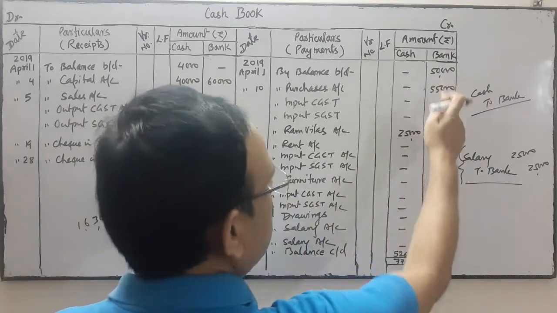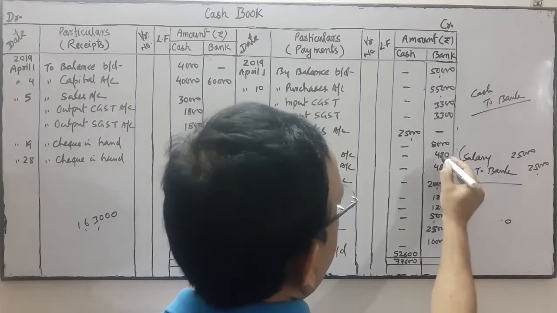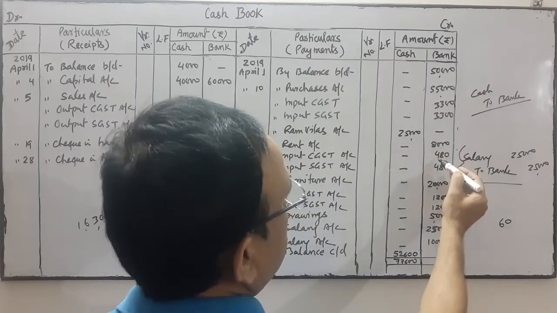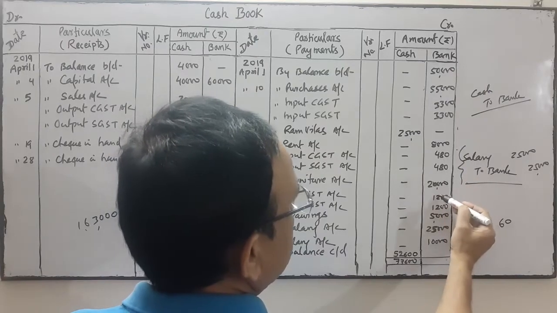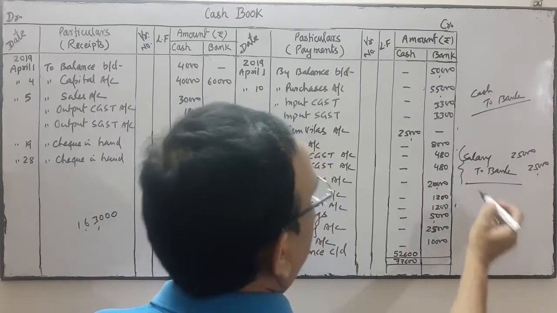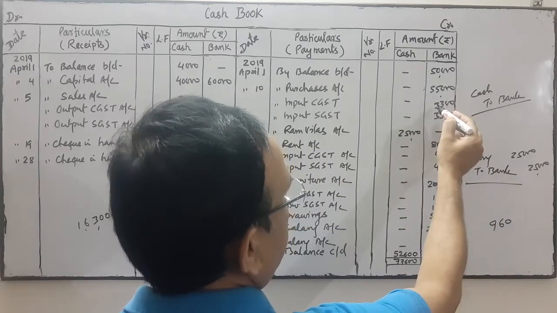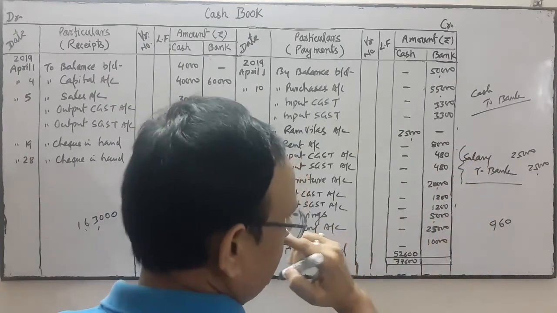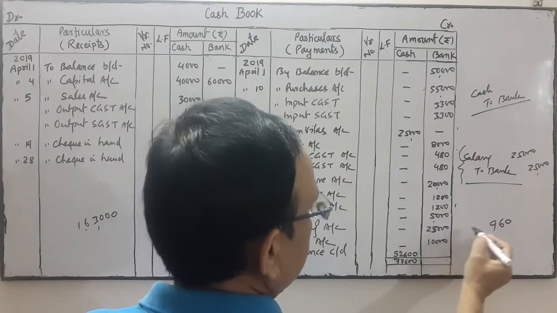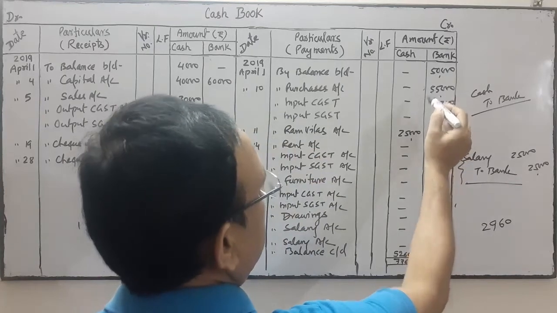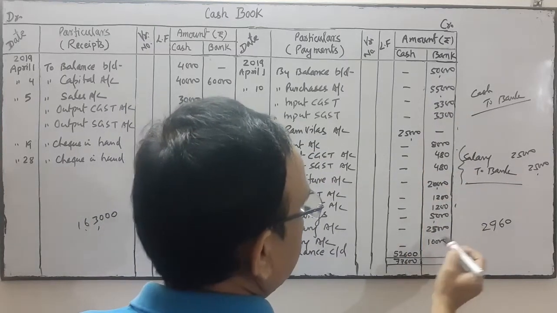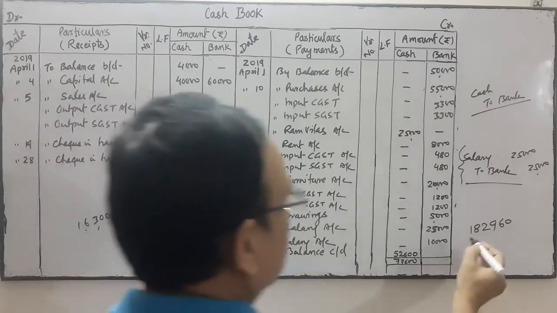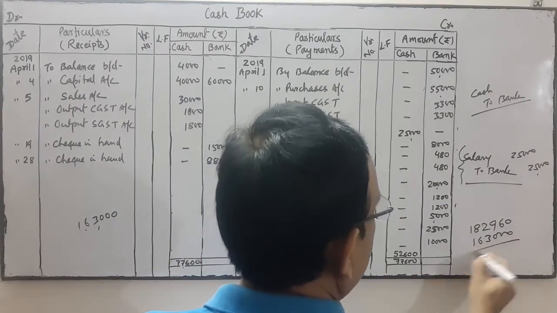This side total, the credit side, is more than the debit side.